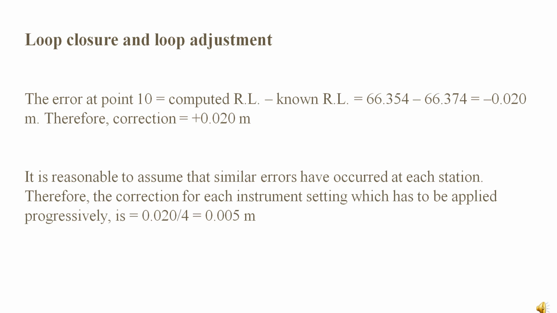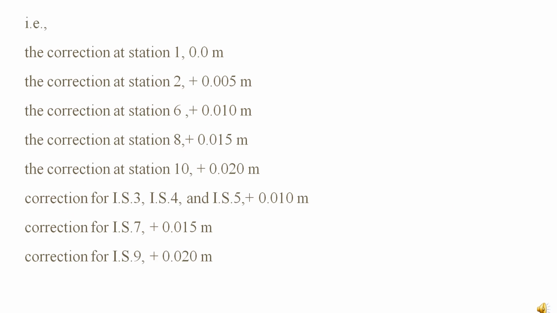It is reasonable to assume that similar errors have occurred at each station, therefore, the correction for each instrument setting, which has to be applied progressively, is 0.020 divided by 4, which is 0.005 meter. These are the corrections for change points.